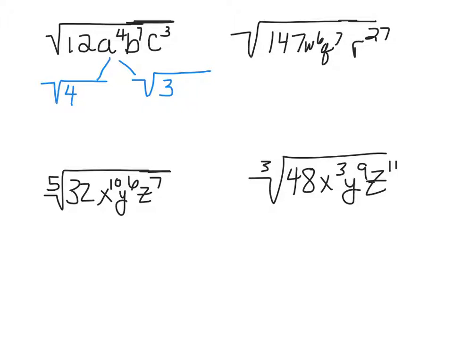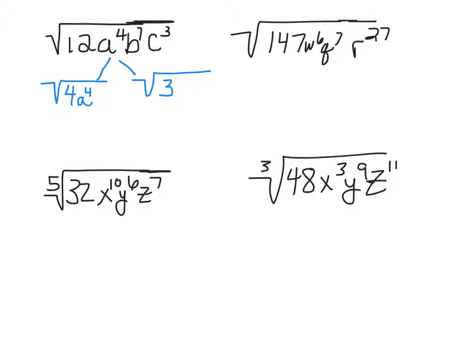Now let's look at the variables. A to the 4th. Well, guess what? 4 is divisible by 2. So I can put a to the 4th over here, the whole thing. I don't have to break it up, because 4 is divisible by 2.